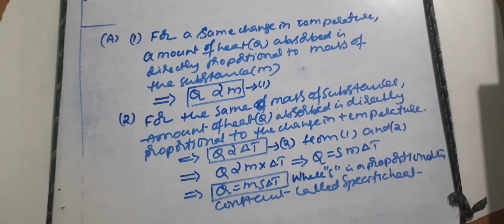So this is the formula for heat energy, that is loss of heat energy from the body or gain of heat energy by the body.